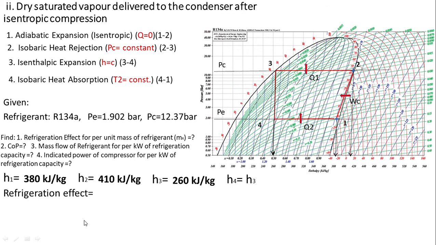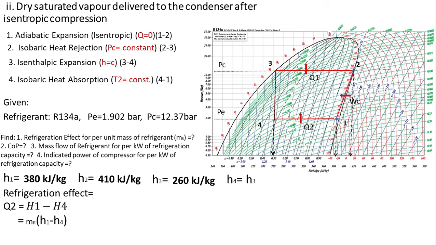Refrigeration effect is Q2 and you can calculate it as H1 minus H4, which is mass of refrigerant multiplied by H1 minus H4, because capital H shows the total values, small h shows the per kg values. Small h is per kg, capital H is total values. You should remember this difference.